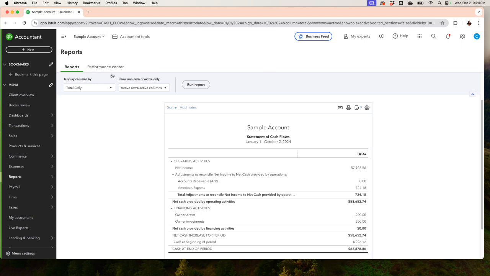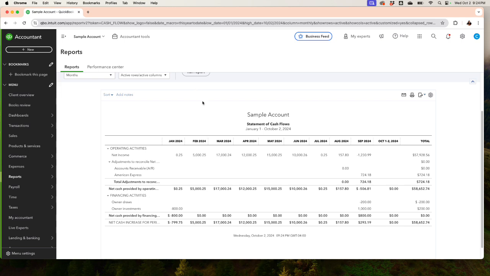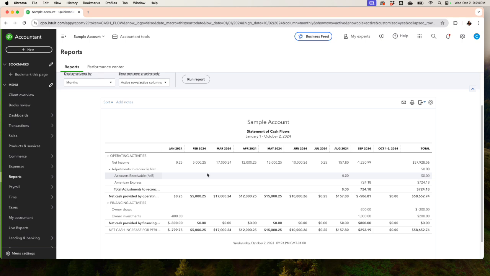Now, one thing that can help a lot, if you want to measure how you're doing with your cash, is that you can do it by months or by quarters, and you can compare what's going on with your cash. Obviously, like I said, this is a simple company, so it doesn't say much. But you can take a look at January, for instance.